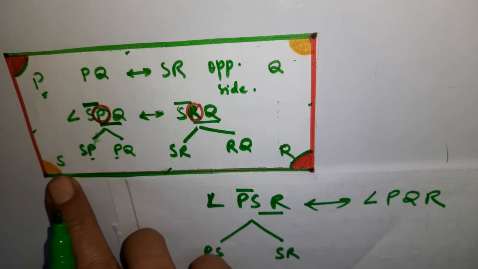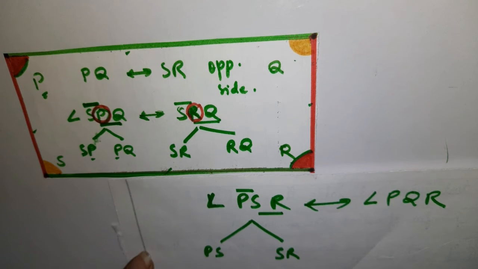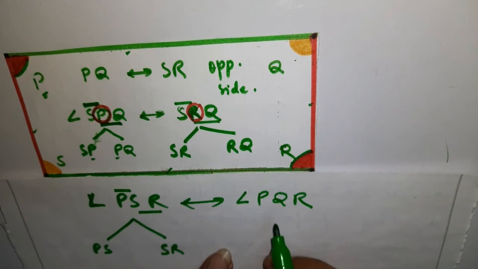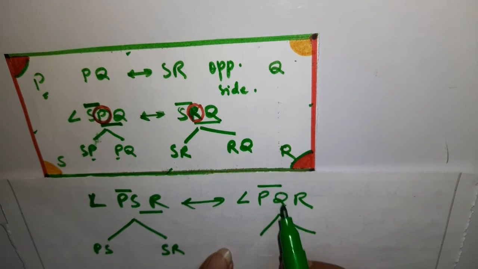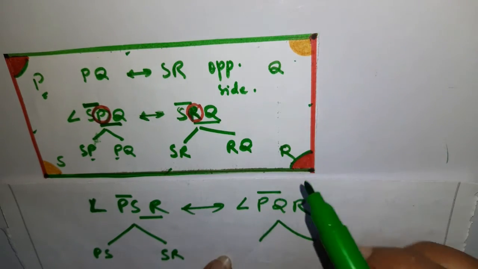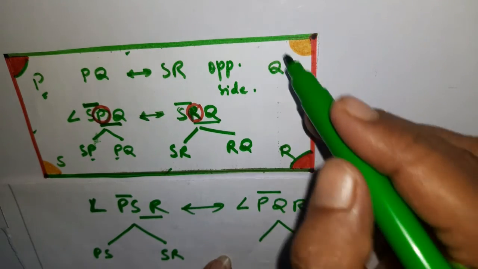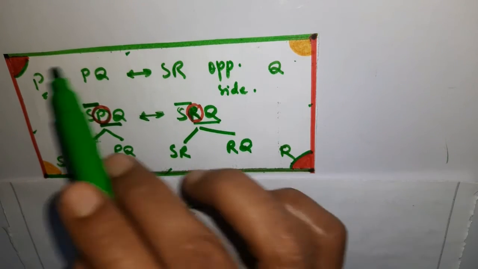इस एंगल के 2 आर्म्स क्या हैं? PS and SR. ये दोनों इसके आर्म्स हैं, बाजू हैं, ठीक है? What about this? इस एंगल के कौन से 2 आर्म्स हैं? We are having PQ. ये जो एंगल है PQR, इस एंगल की मैं बात कर रही हूँ. जब इसकी बात करूँगी तो again we are talking about 2 arms. इसके 2 आर्म्स क्या हैं?